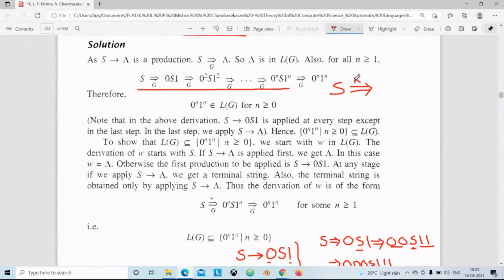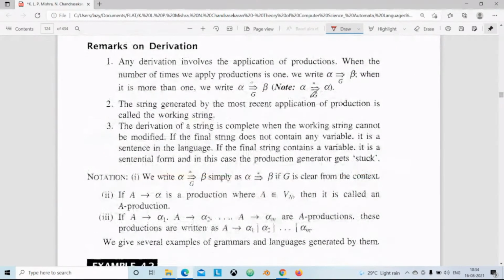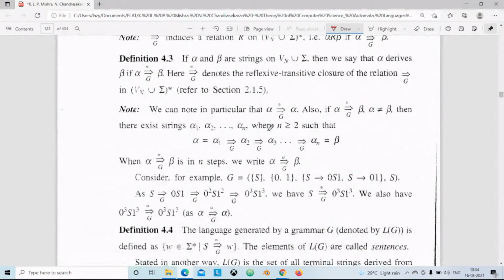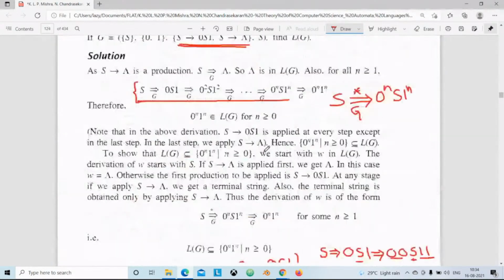So this entire thing can be represented in a line like this: 0 to the power n, S, 1 to the power n. You can write it like this by the definition. This definition can be used. Previously also this definition was written here, you can see.